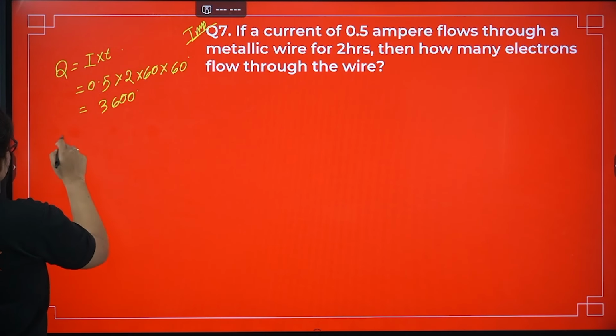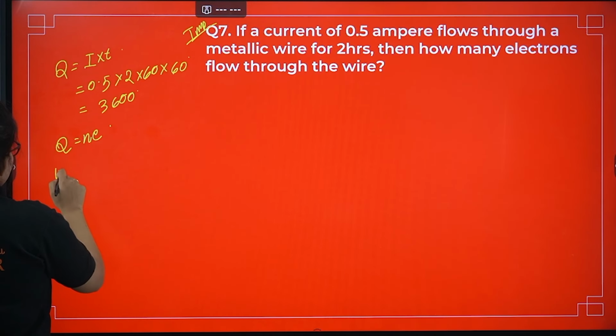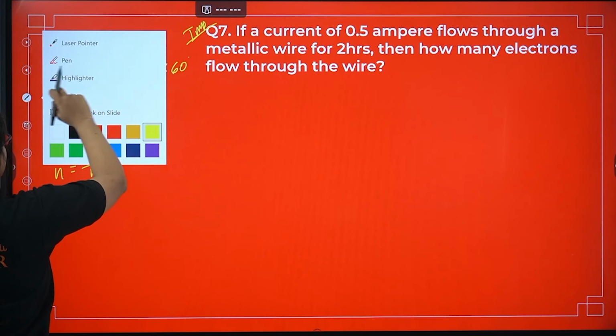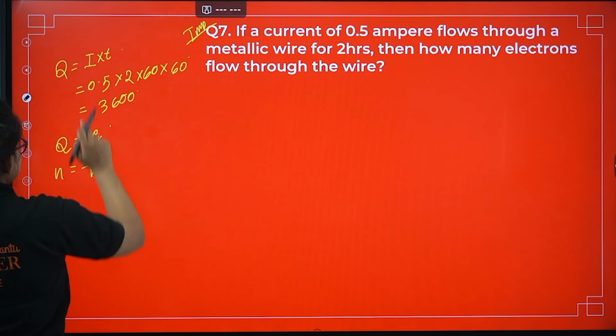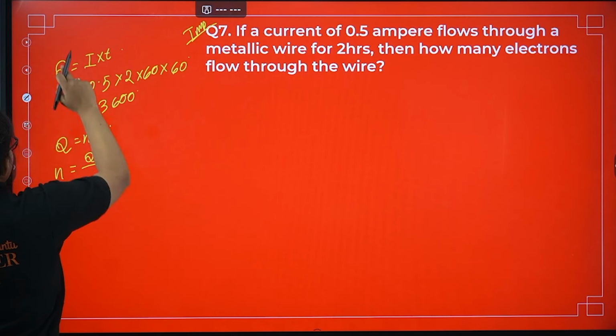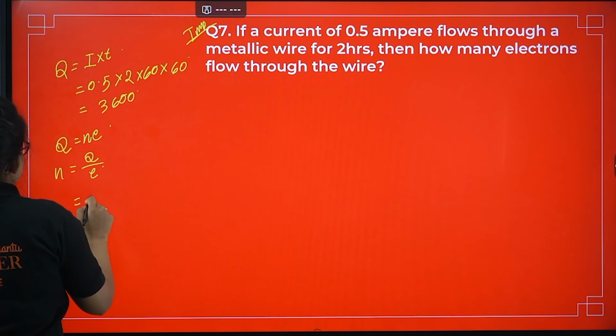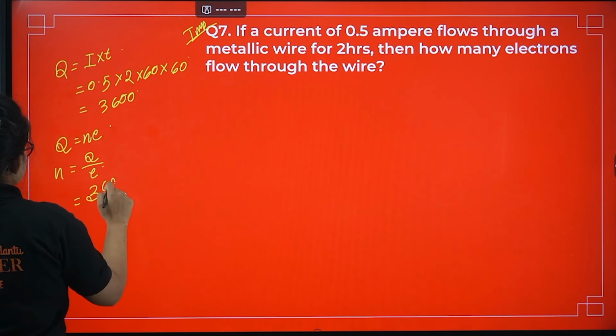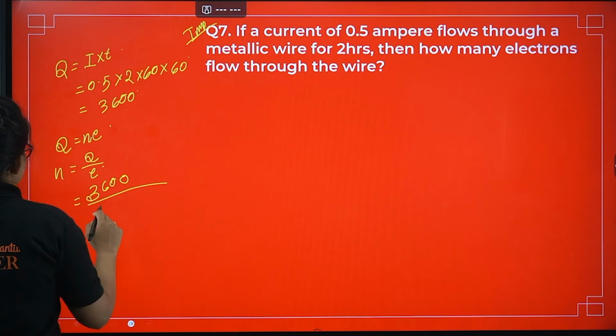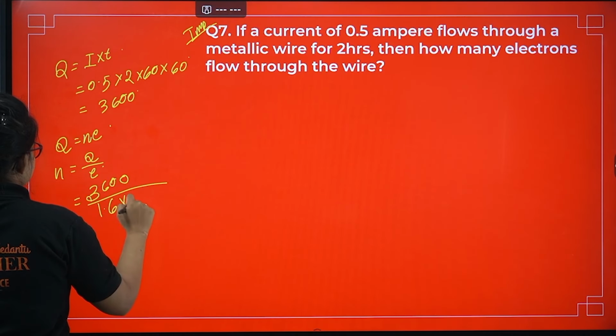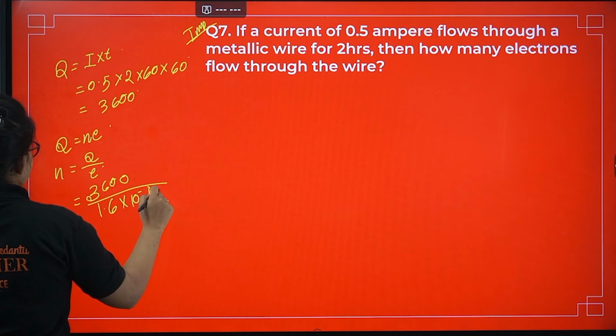Now we know Q equals N into E, so N is Q by E. From here I can write 3600 divided by the charge of 1 electron, 1.6 into 10 power minus 19.